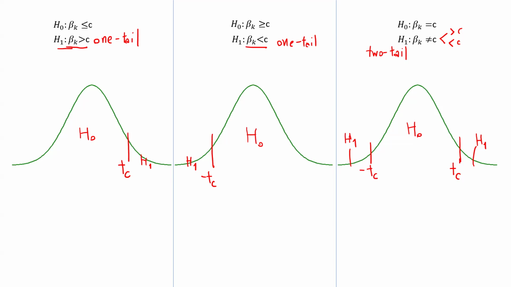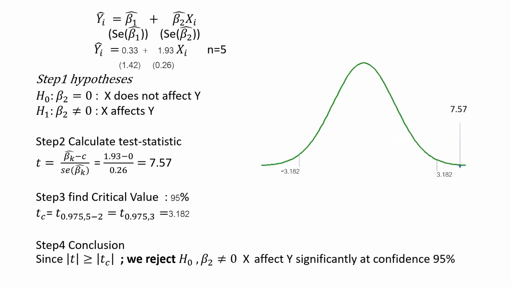Then with all the information together, we can now do hypothesis testing. Let's do it together. This is the data we obtained before: beta 1.93 with standard error 0.26.